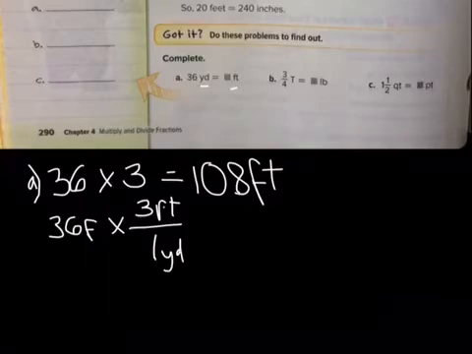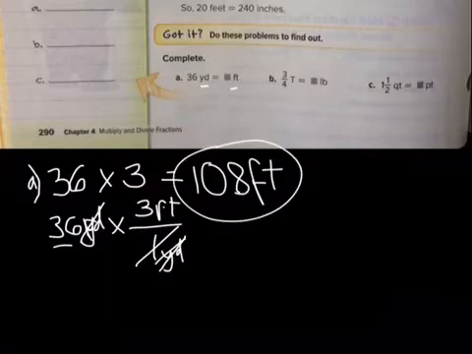This should not be feet, this should be yard. 36 yards, and we know that each yard has 3 feet. Remember that these two cancel each other out. This yard cancels this yard out. This whole thing cancels it out. And now what I have is 36 times 3, and 36 times 3 equals 108 feet.